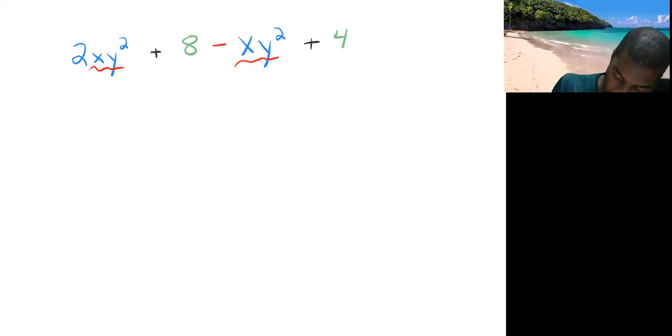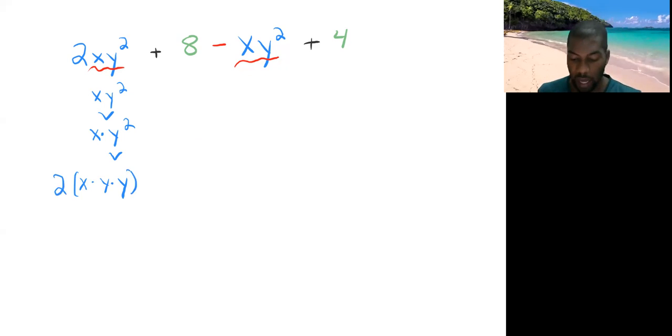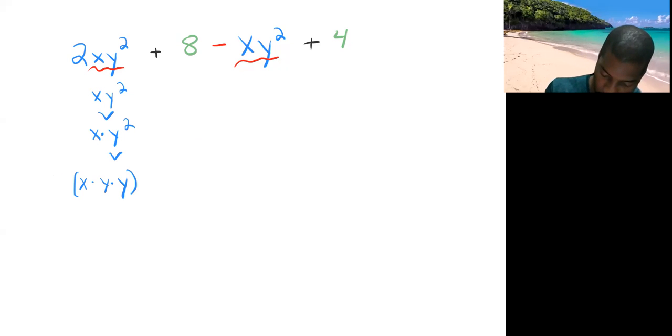What this really says is, look, this is xy squared, which is really x times y squared, which is really x times y times y. And how many sets of those do you have? Well, you have 2x times y squared, right? So you have 2 of these. You've got x times y times y. You have it twice. Plus x times y times y.